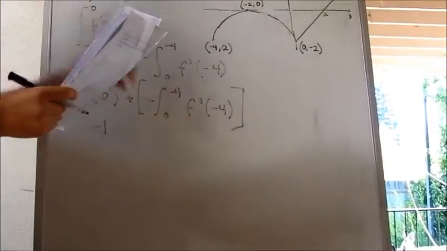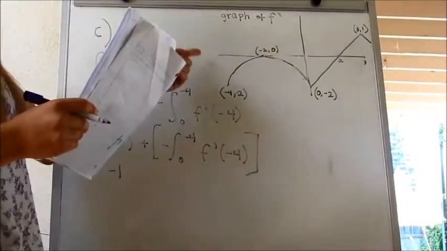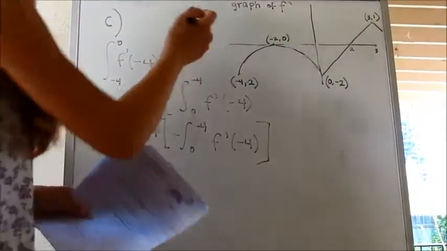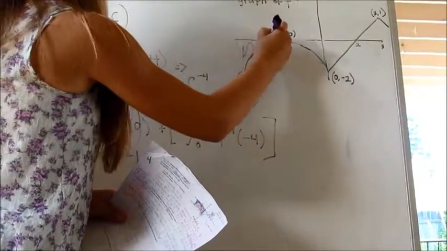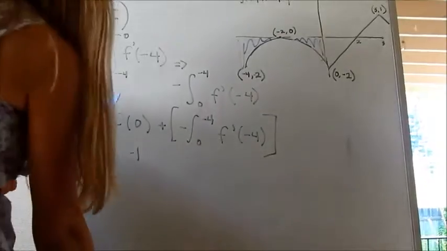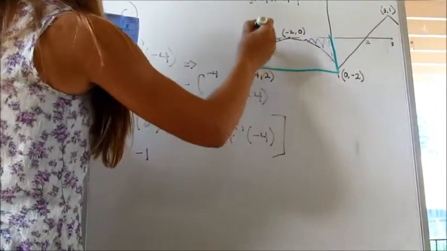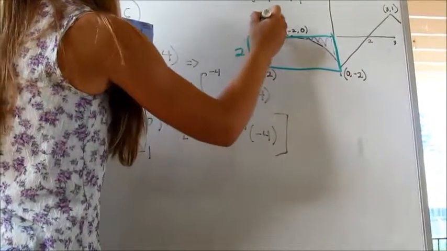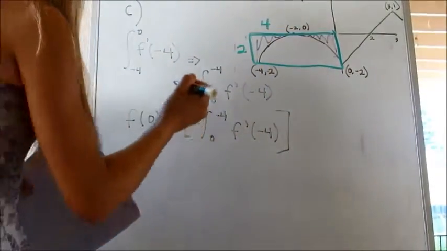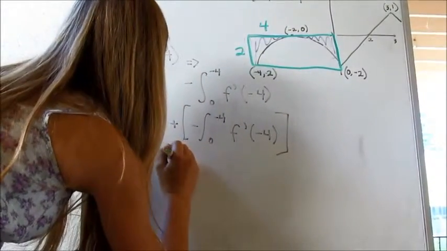And to find the area of the integral between 0 and -4, you're looking for the area of this part of the graph. So to find that area, you have to take the area of this whole section, which would just be 2 times 4.